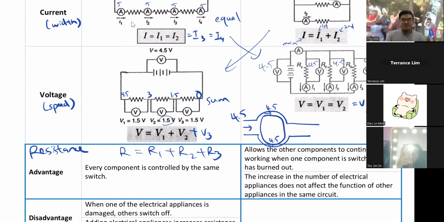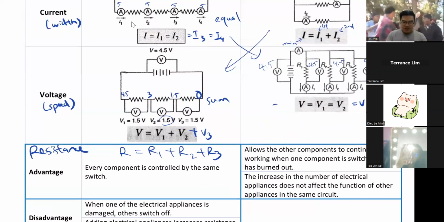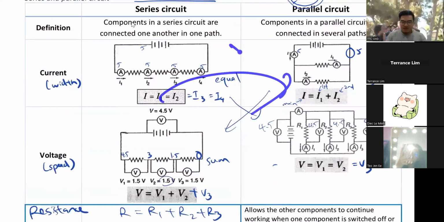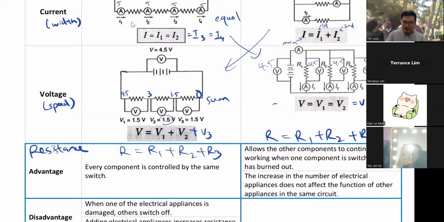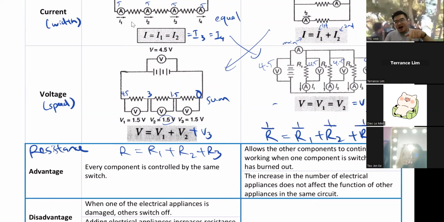And then since parallel is reverse, I will write the same thing and I will reverse it: 1 divided by R instead of R. Because 1 divide is reverse.